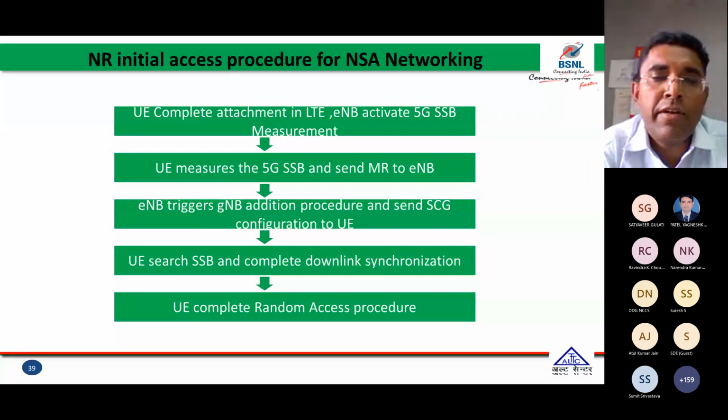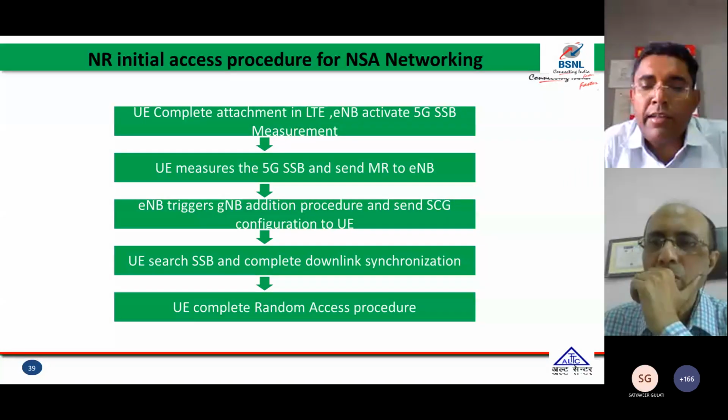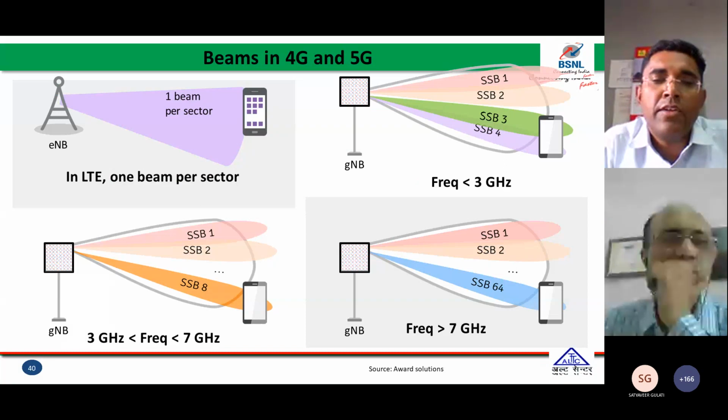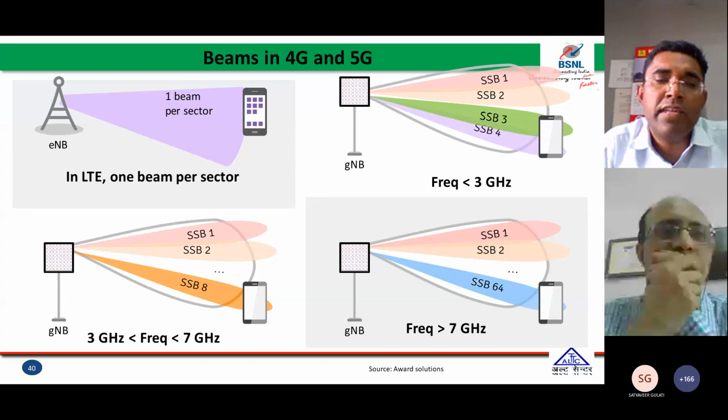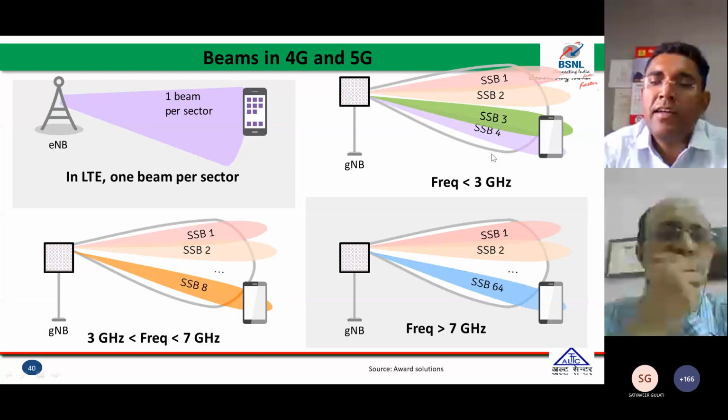Now this slide is important. I have taken it from the vendor solution. And you can see here in LTE the coverage is one sector, one beam. This one is less than 3 gigahertz, this one is the C band, and this one is the millimeter wave band.